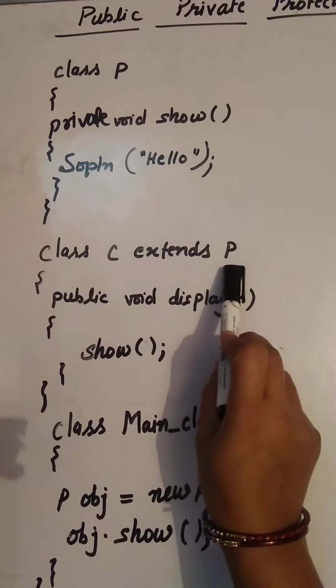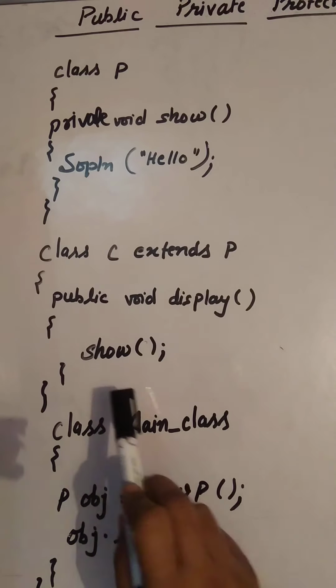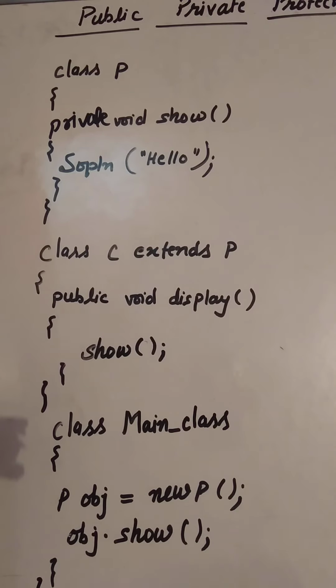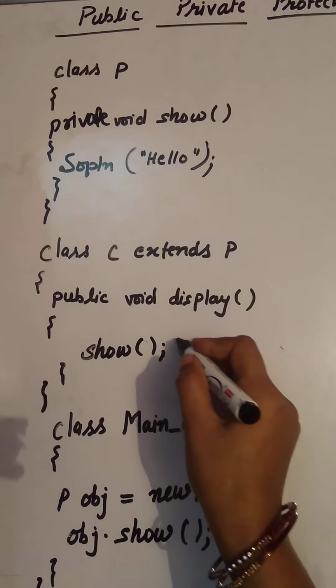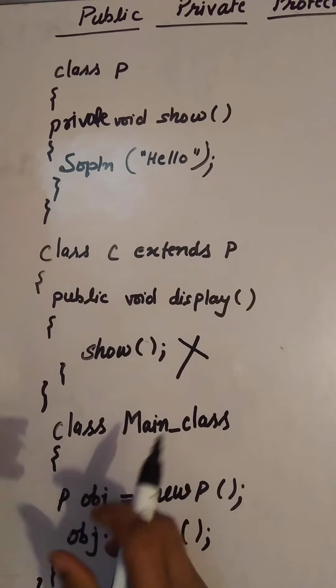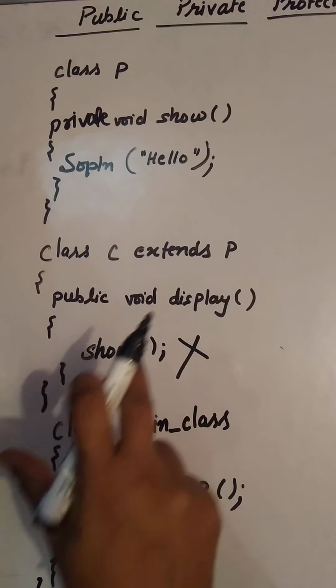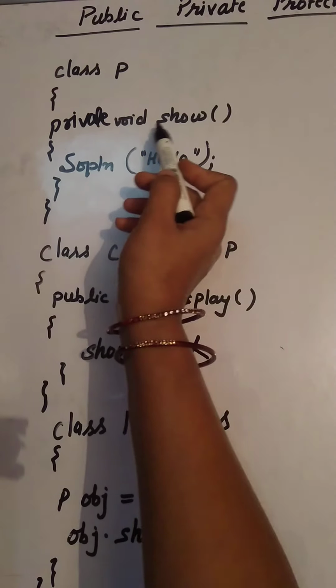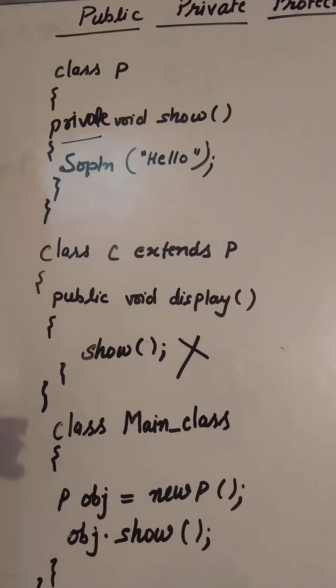Class C extends P, public void display method. Here is the show method. This show method cannot be executed. We cannot display the value of the show method in the child class because the show method is private. Visibility mode is private, which means it is restricted from being shown anywhere.